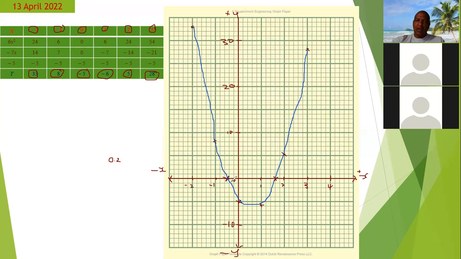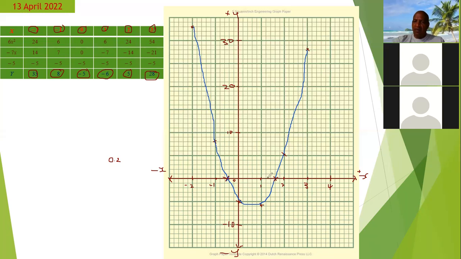All right, so what we want to do now is to read the values where it cuts the x-axis. So where it cuts the x-axis on the right side, you read the values that you have there. So you come across and you count from 0, you count 1, and then how many of the tiny boxes you have after 1 to where it cuts the axis.